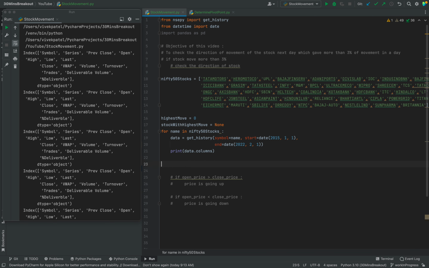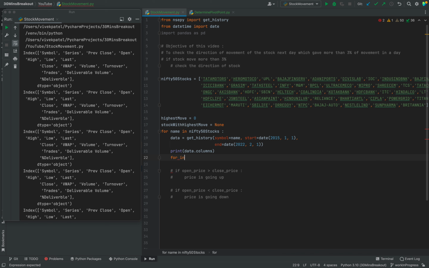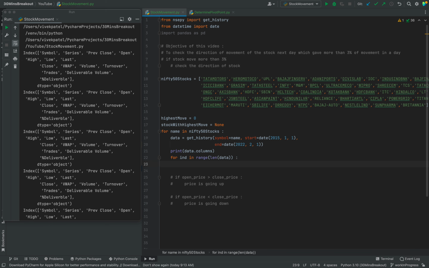So first let us calculate the percentage of movement of stock. For this we will be running a loop. So here we will take the closing price, open price, and high and low.